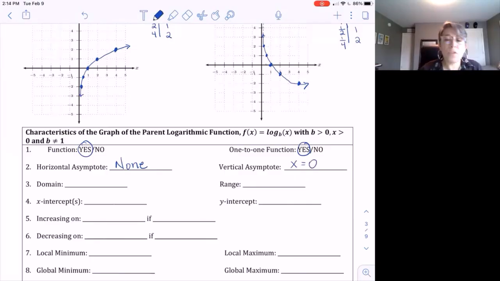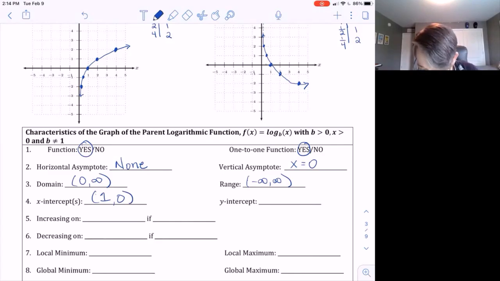The domain, notice it's only starting right after 0. So our domain goes from 0 to infinity to the right. Our range, however, covers everything top to bottom. So we go from -infinity to infinity. Our x-intercept is at (1, 0), whether it's increasing or decreasing. Since it's not crossing the y-axis, there is no y-intercept.